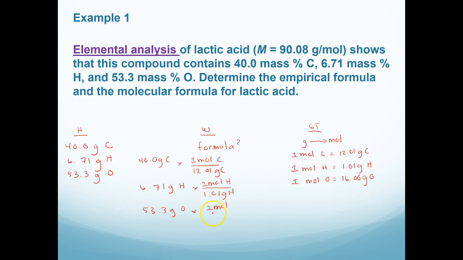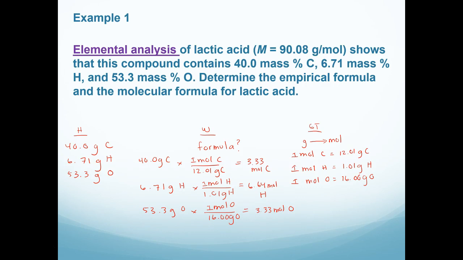Figure out how many moles we have. So again, we have to go to moles. If you just plug in the grams, you'll get the wrong answer. Okay, so let's go through, plug those into your calculator. You can keep the same number of significant figures as you start with. We'll get 3.33 moles of carbon. We get 6.64 moles of hydrogen, and we get 3.33 moles of oxygen.